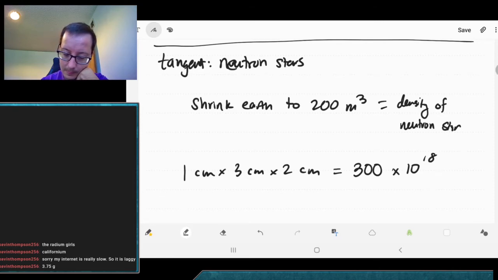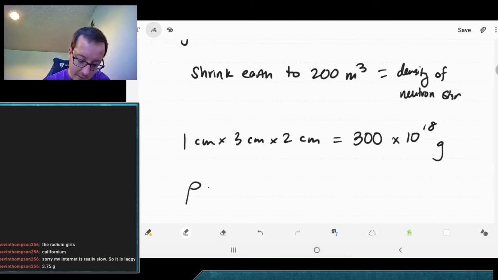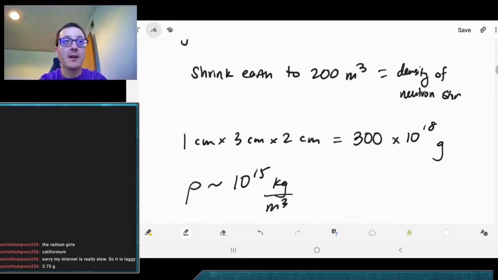So you'd have billions of tons of something like that, just for density. So they're incredibly dense, almost the order of nuclei. So their densities are on the order of 10 to the 15 or so kilograms per cubic meter.